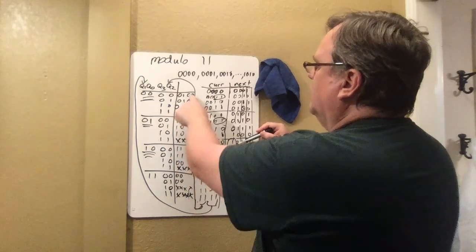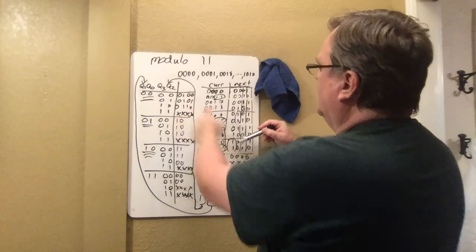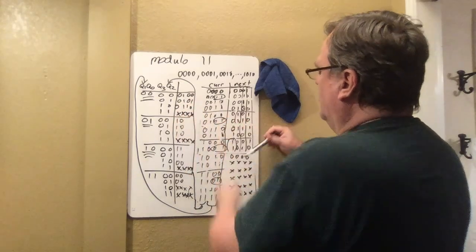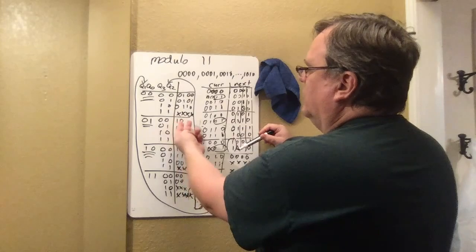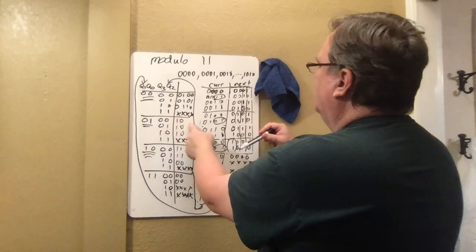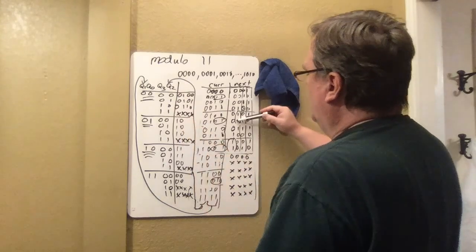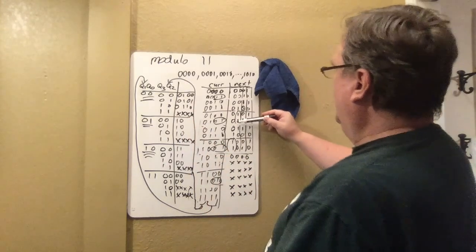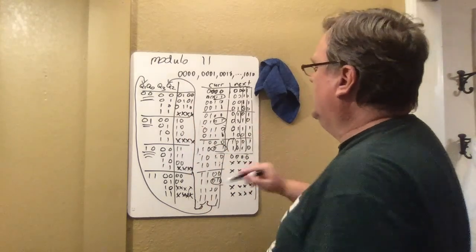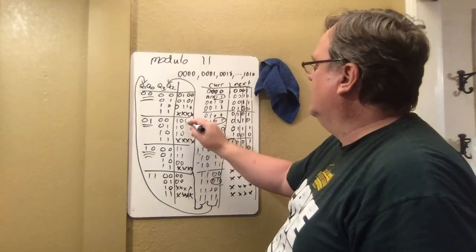That gives me my 0, 1, 2. Remember the order. Take a look at the next one: we have 0, 1, and 2, the same exact thing.